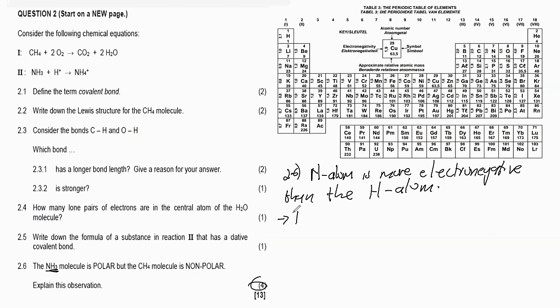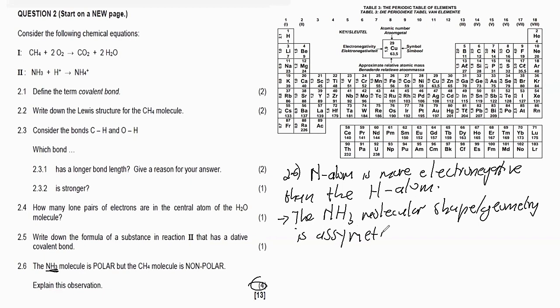But the NH3 molecular shape or geometry, so remember, geometry is a shape, is asymmetrical, right? So having to consult our VSEPR, we know that the shape that is formed out of this is asymmetrical. So that's 2 marks for saying that.